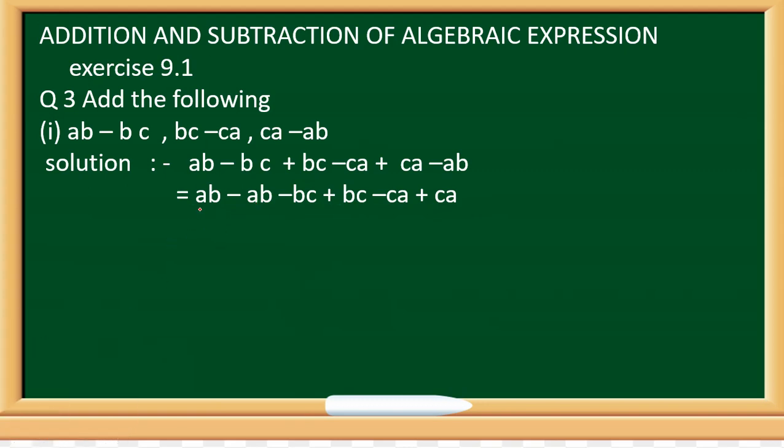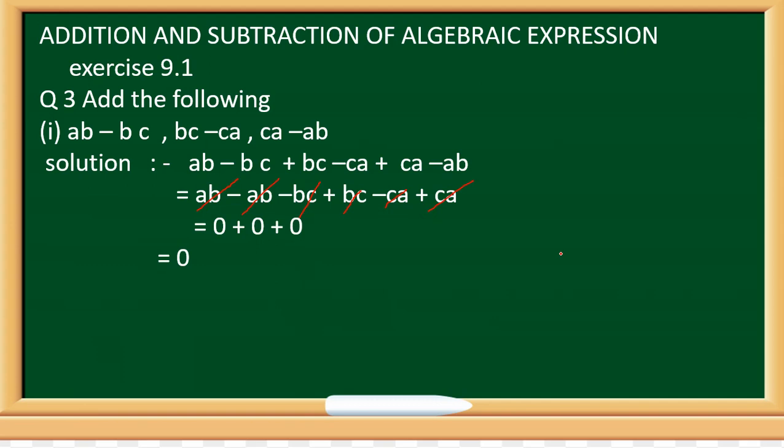One is positive, one is negative, they will cancel out. Similarly, this is minus BC and this is plus BC, positive and negative will cancel out, and this minus CA and plus CA, these two terms are also cancelled out. So in this way we get 0. So the addition of these three binomials is 0. This is one way of the solution.